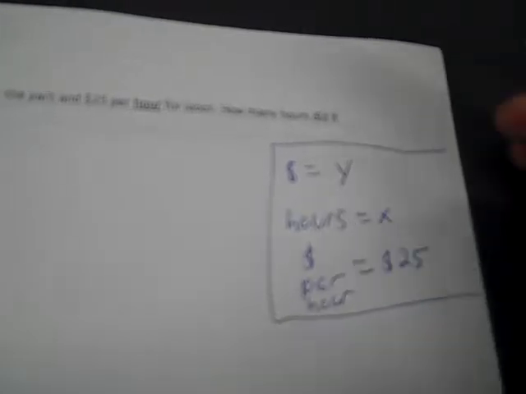So per, you always put the Y label on top and the X label on the bottom. So dollars per hour. Now the dollars per hour is $25. However, this isn't a motion problem. It doesn't go up and come back down. It just goes straight up. Okay? So that's a linear equation.